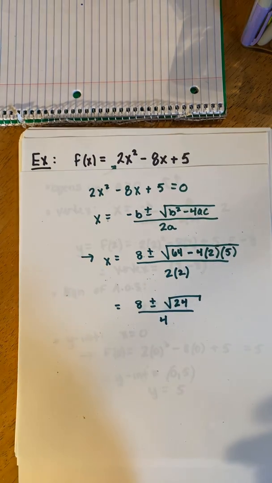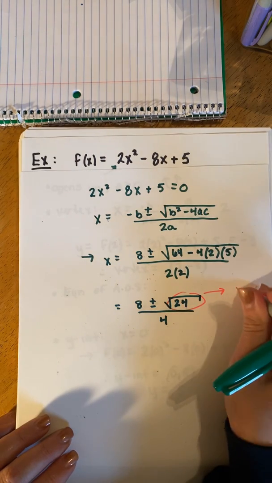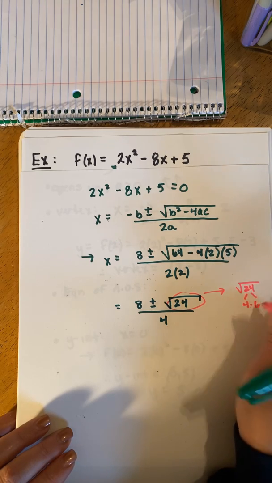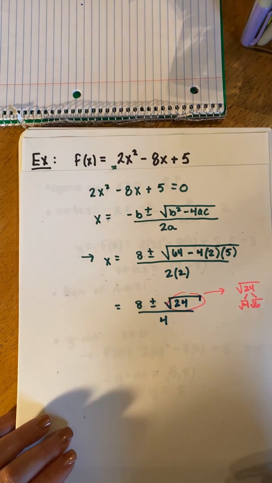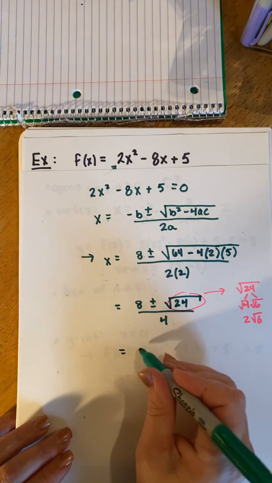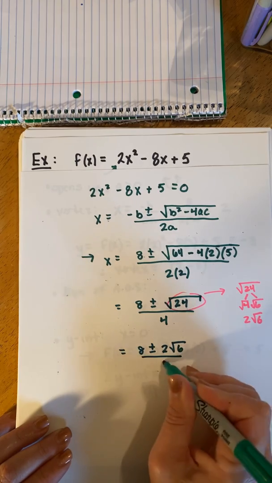All right, now we have to keep in mind everything we learned in chapter 7. The square root of 24 needs to be simplified. It can be broken down into 4 times 6. So the square root of 4 times the square root of 6 is 2 square root of 6. So we're going to rewrite this as 8 plus or minus 2 square root of 6, over 4.